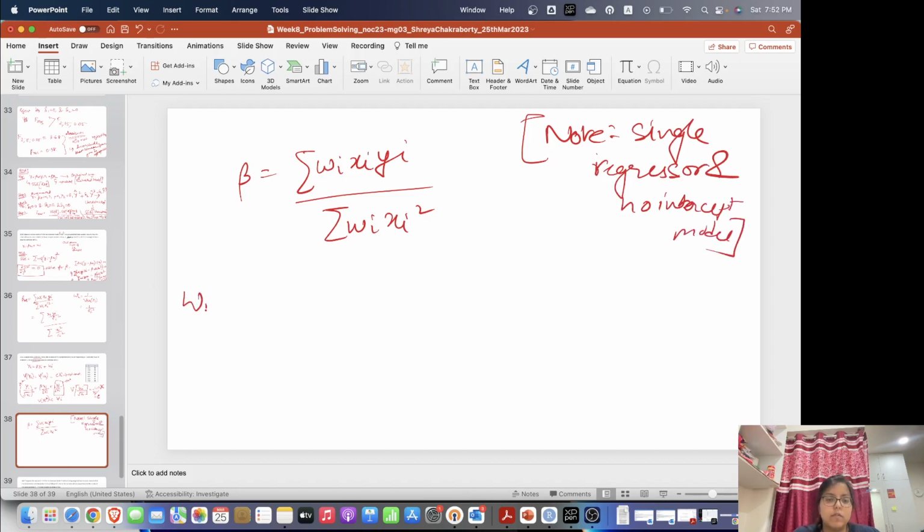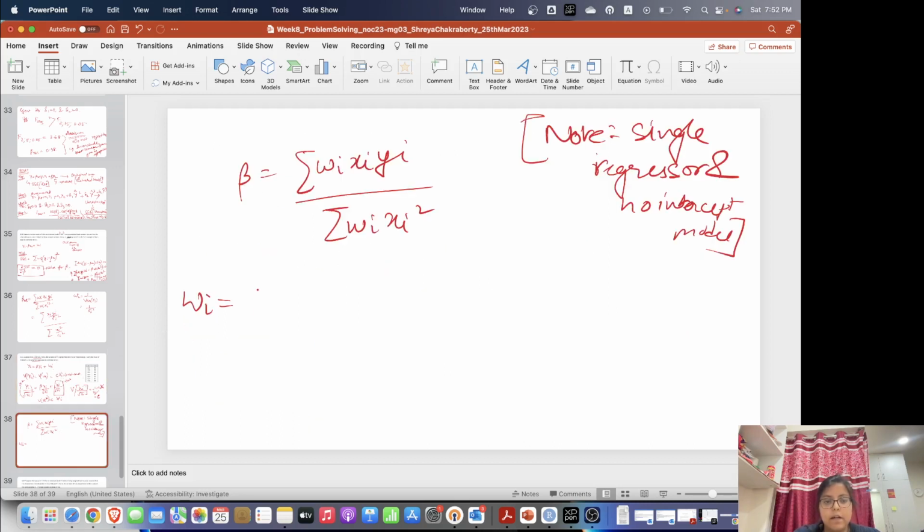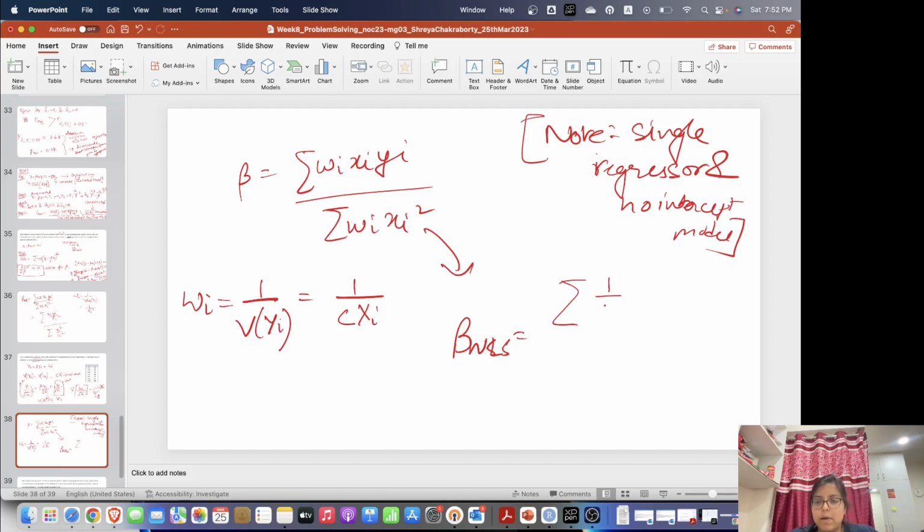So here if wi was proportional to 1 by variance of yi, and variance of yi is c xi, then beta WLS will be summation wi, which is 1 by c xi, into xi yi, by summation 1 by c xi into xi square.